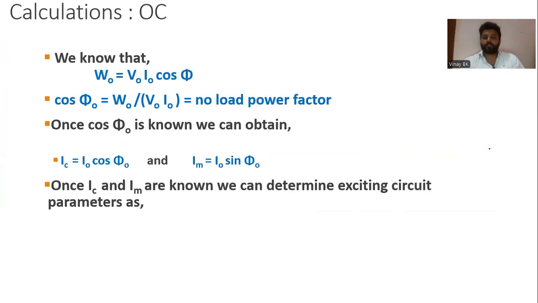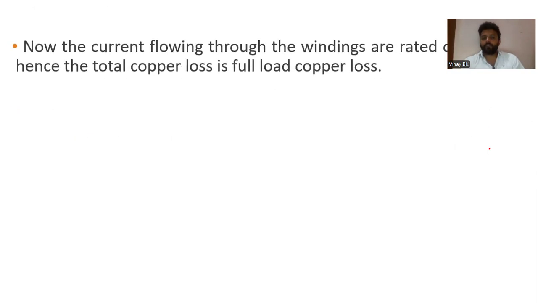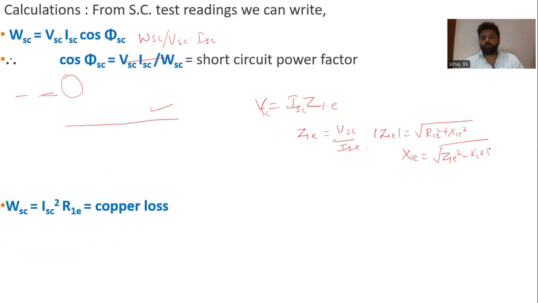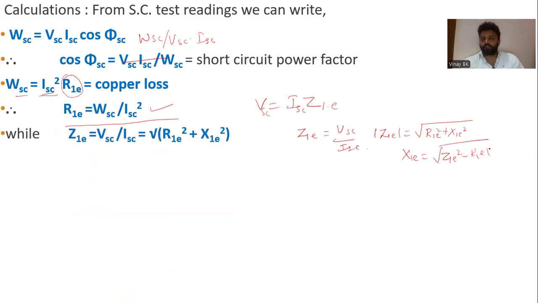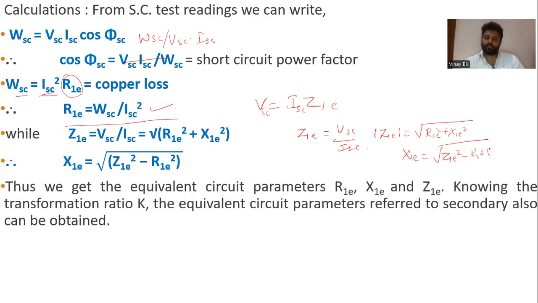With the help of the open circuit test, we find cos phi naught, IC, IM, R naught, X naught. With the help of the short circuit test, we find the value of cos phi SC, then R1E, then X1E, then we write the equivalent circuit.